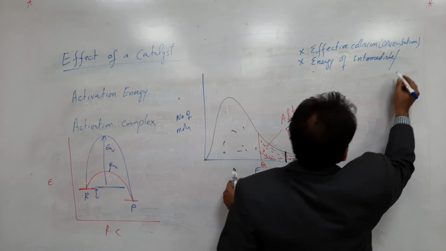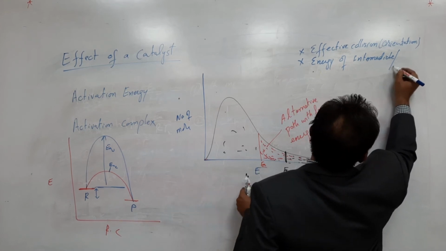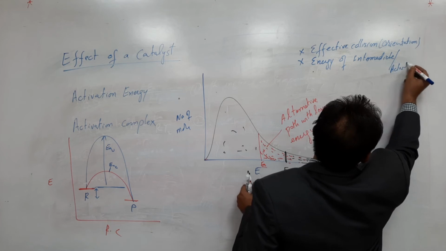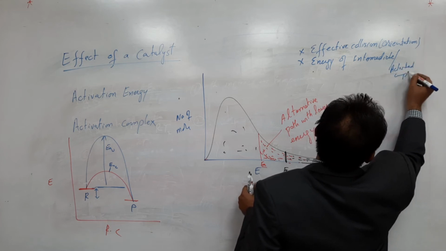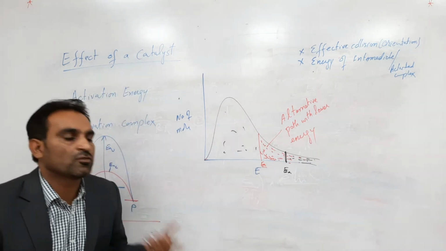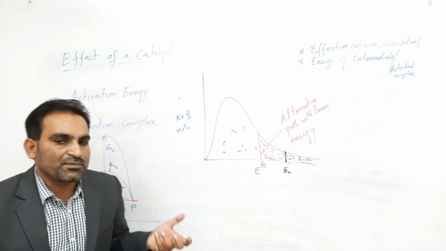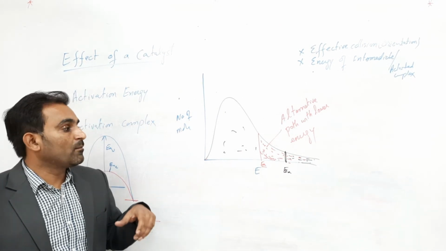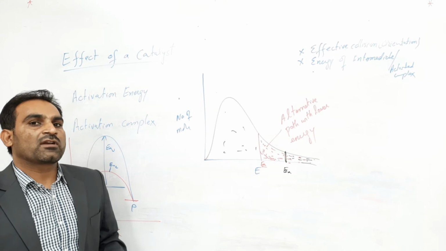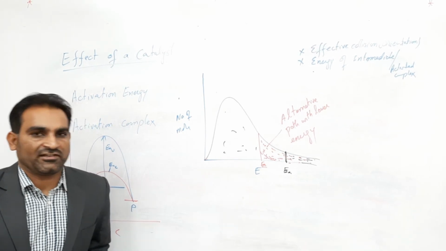that is, the activated complex or activation complex. What does a catalyst actually do? A catalyst helps the molecules to get the exact or effective orientation.